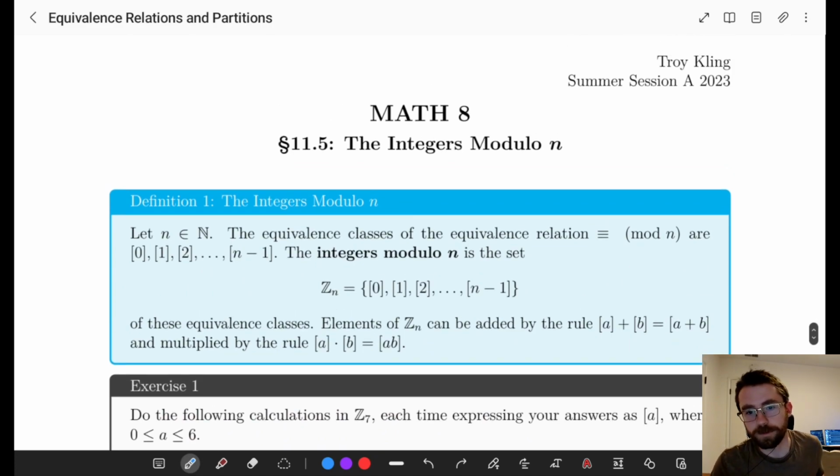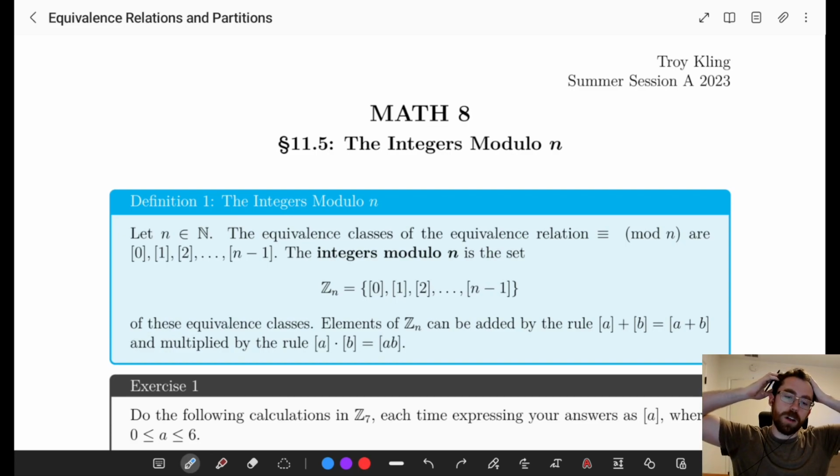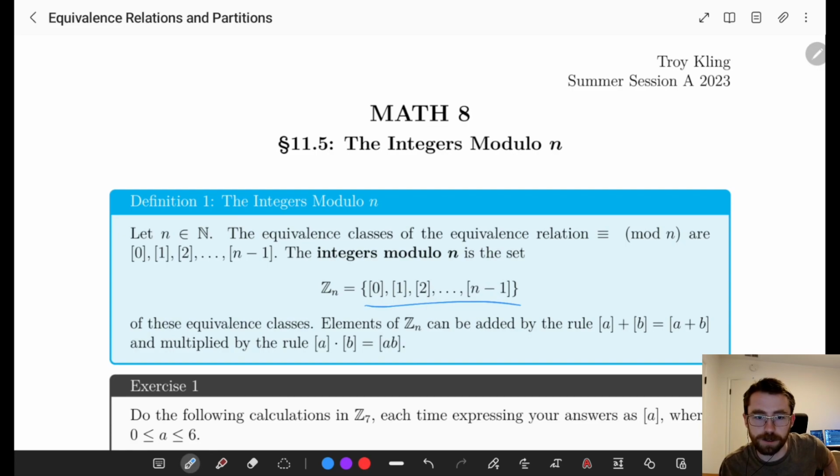Section 11.5 expands on the idea of congruence mod 2 that we talked about previously, and considers congruence mod n, and then defines a new set, which is the integers modulo n, defined as a set of equivalence classes.